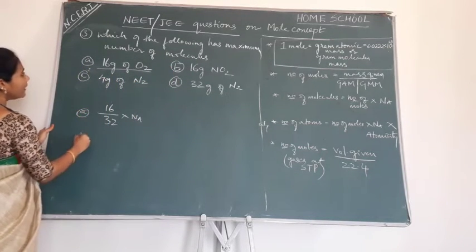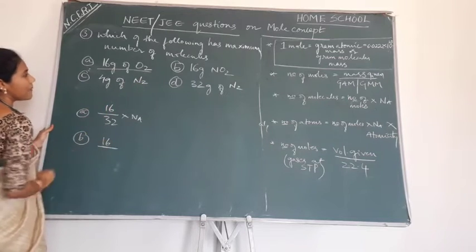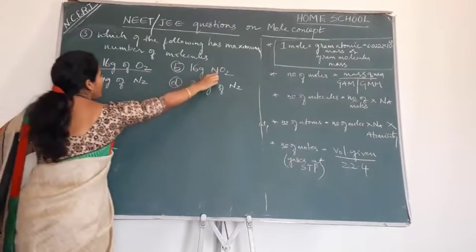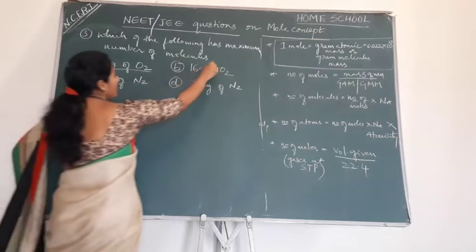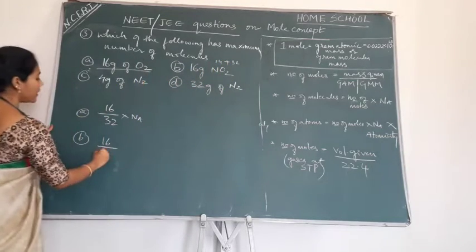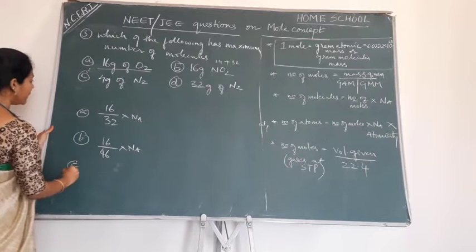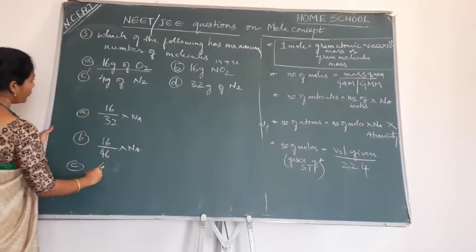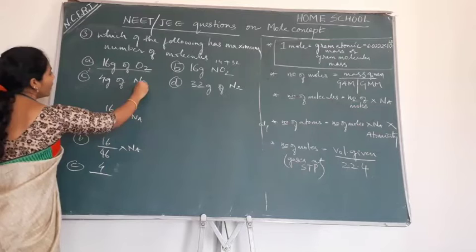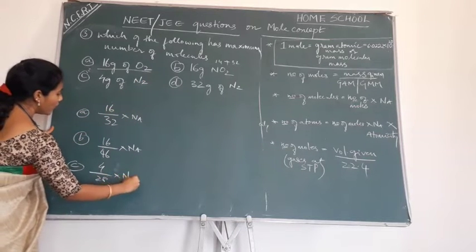Coming to B, 16 grams is the mass given, divided by molecular mass of NO2, 14 plus 32, that will be 46 into Na. And coming to C, it is 4 divided by N2, 14 plus 14, 28 into Na.